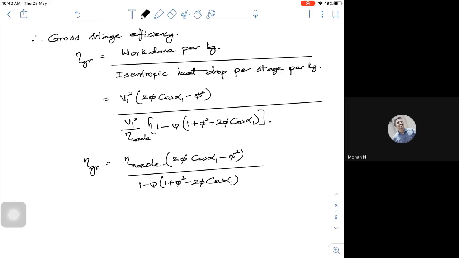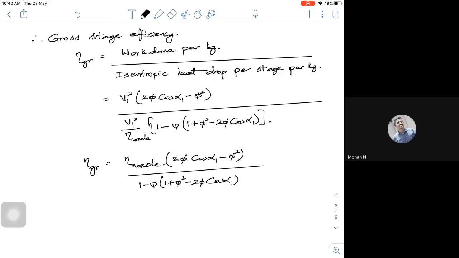This is your gross stage efficiency. If you want, I can simplify further and put it in some other form, or you can retain it as it is.